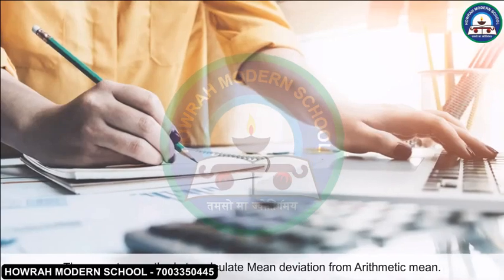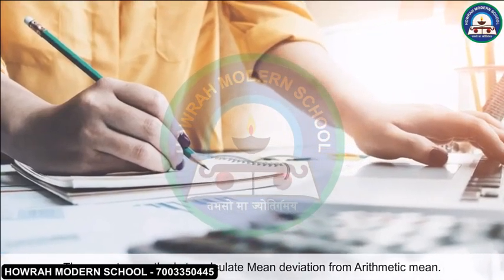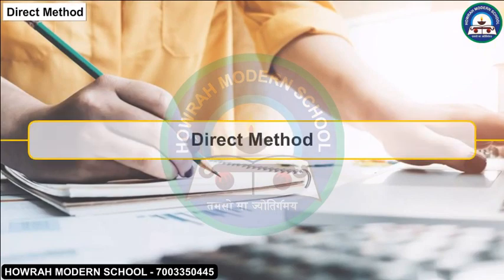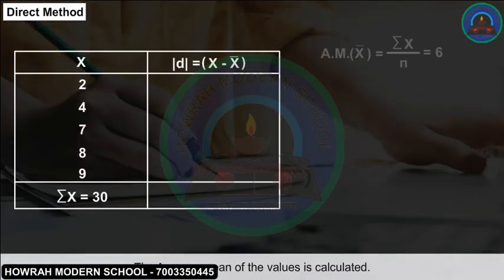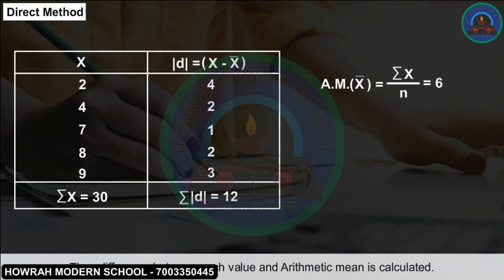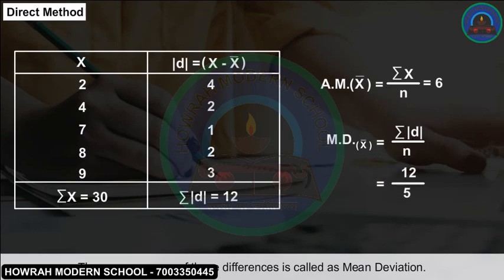There are two methods to calculate mean deviation from arithmetic mean. Direct method. The arithmetic mean of the values is calculated. Then, the difference between each value and arithmetic mean is calculated. The average of these differences is called the mean deviation.